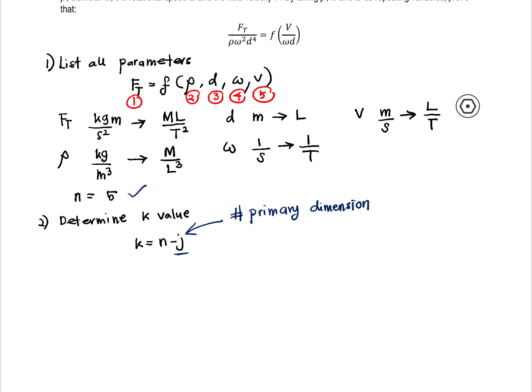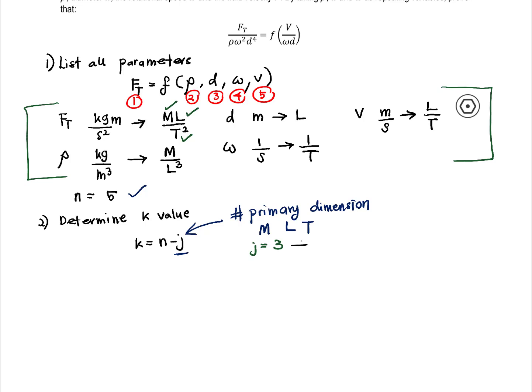We have three primary dimensions that have been used, which are M, L, and T. So the number of J for our question is 3.